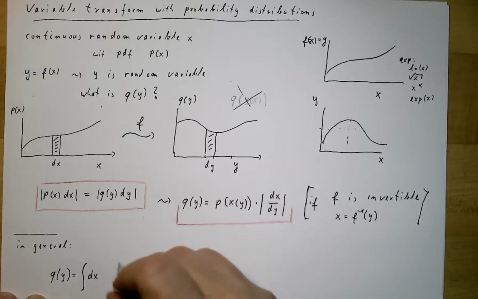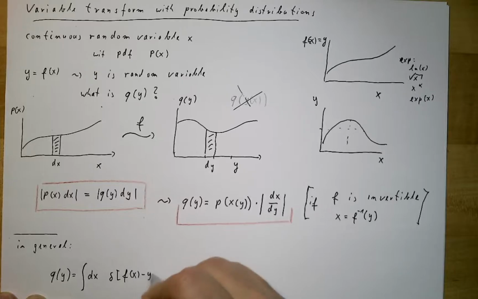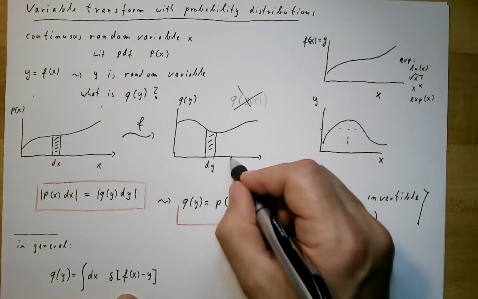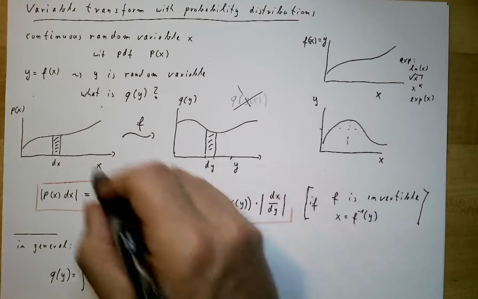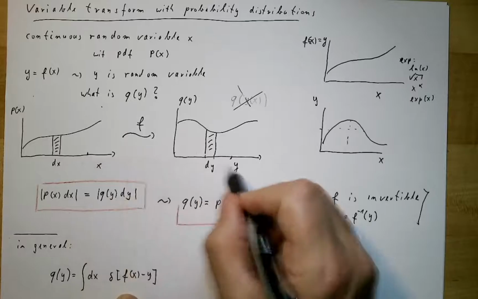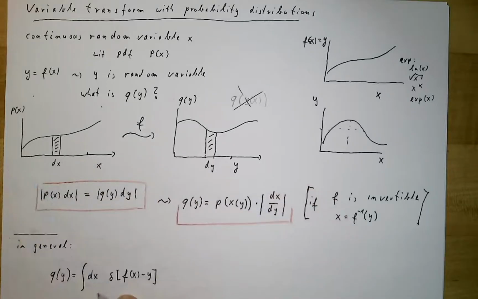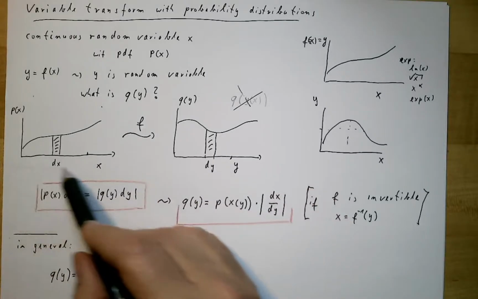And now we take the delta function of f of x minus y. This delta function takes care that we use only this y which really belongs to f of x. So by this integral we sample over all of x.